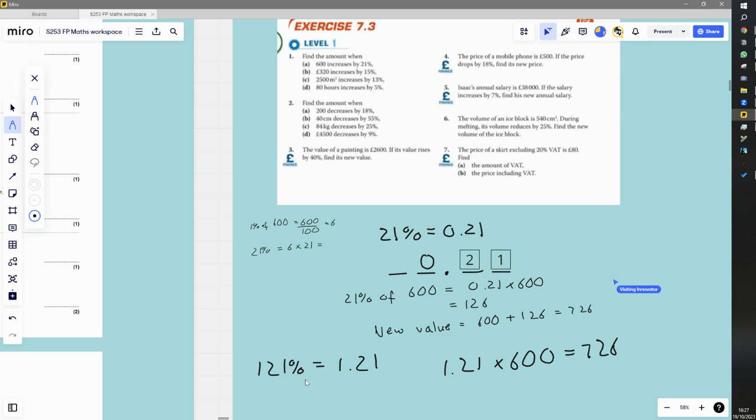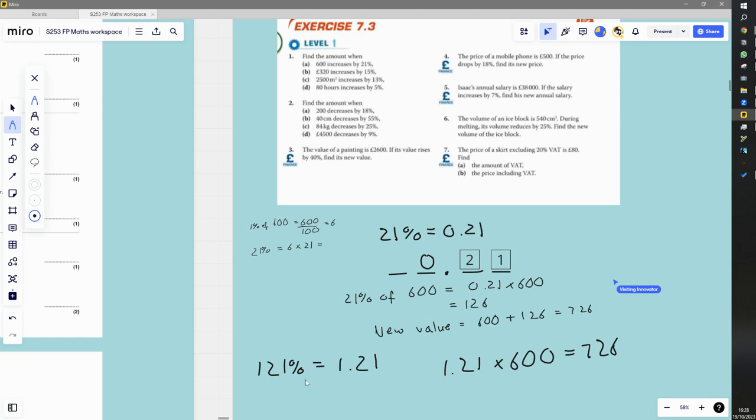Because we're talking about percentage increase in this case, we have to add it to the original amount. But the shortcut to make it super quick is by realizing that if it's currently at its normal amount, which is 100%, and it's going to increase by 21%, it's going to increase to 121% of its original value. So we just multiply it by 1.21.